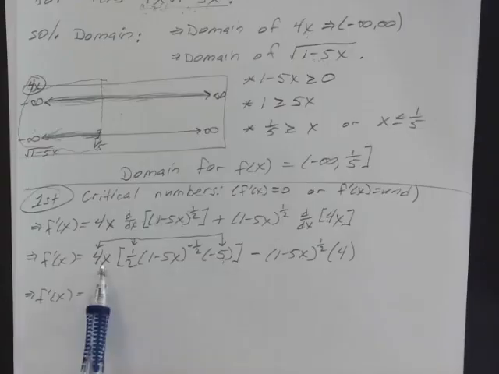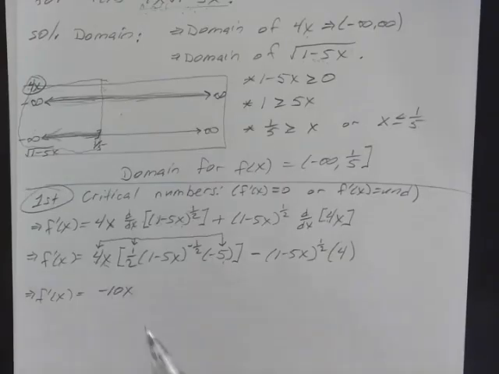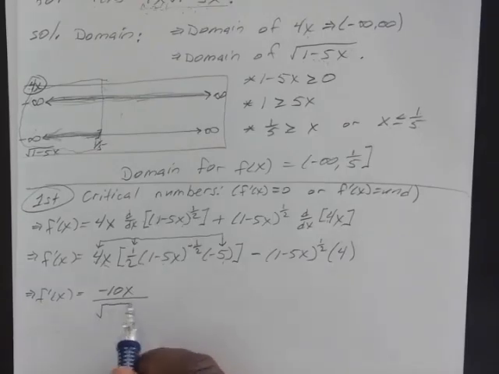So we have negative 10 times x, because we still have that x there, times 1 minus 5x to the negative 1/2 power. We can just go ahead and move that to the denominator and make that a positive 1/2 power in the denominator, or we could just rewrite it as square root of 1 minus 5x.